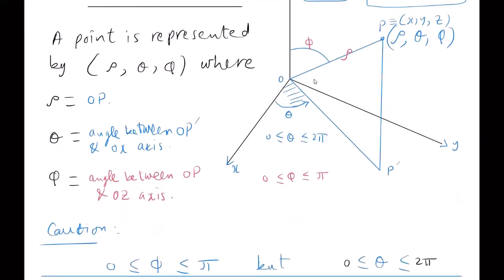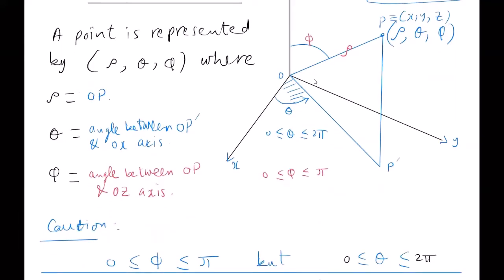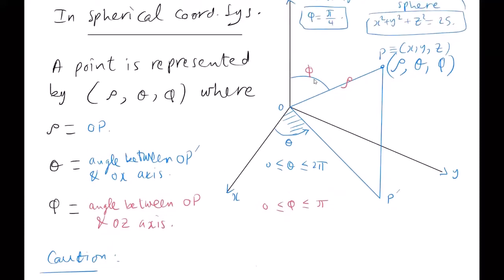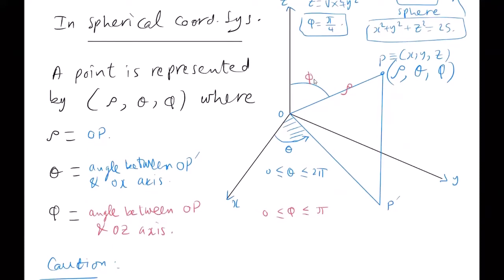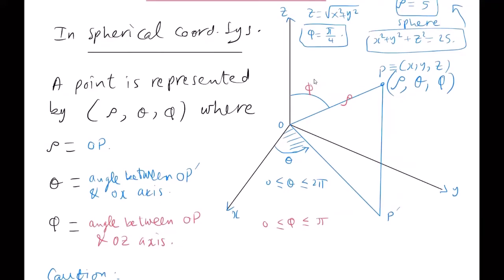This is the usual theta we are used to in polar coordinates and in cylindrical coordinates. What are the relations between the new coordinate system, rho, theta, and phi, and x, y, and z?